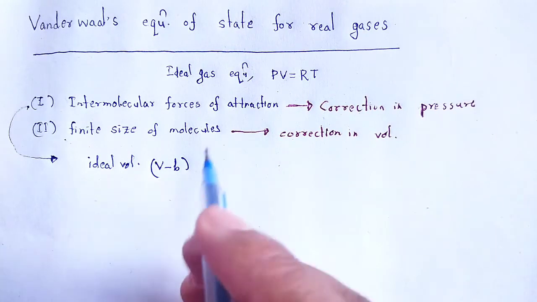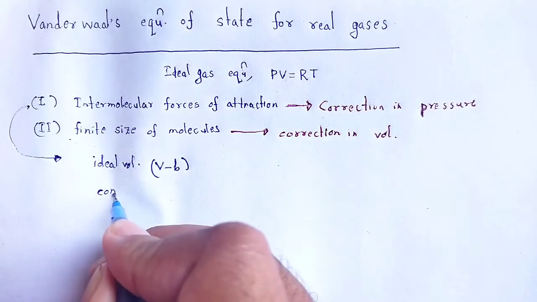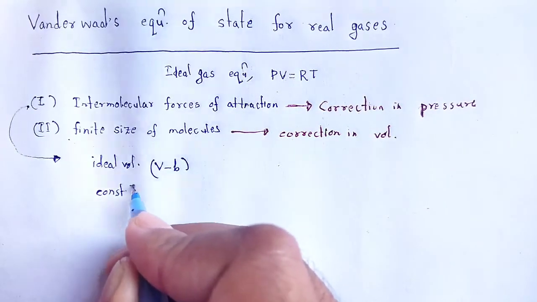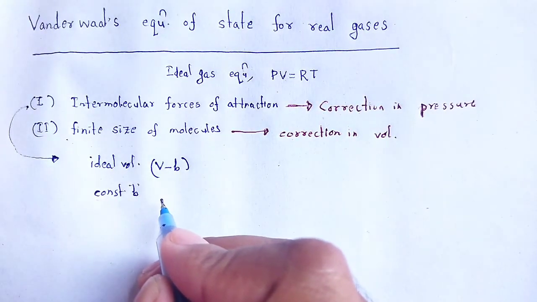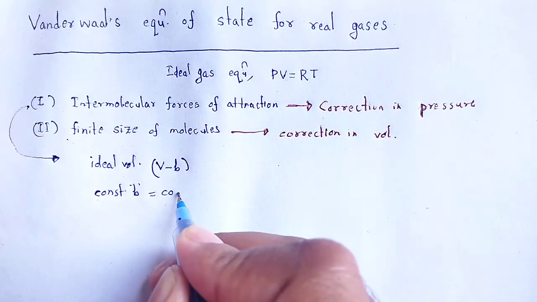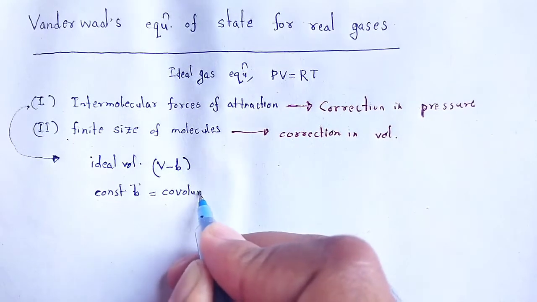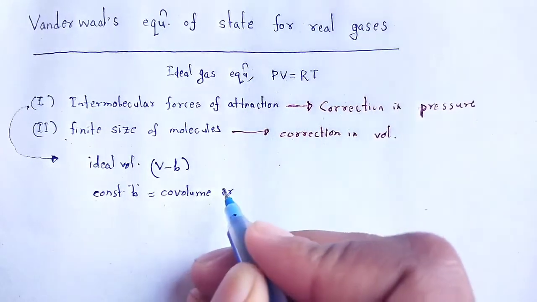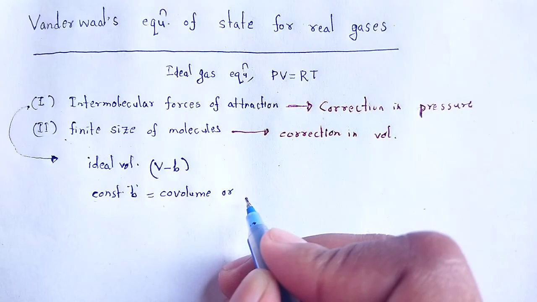And the constant b is called the co-volume, also known as the excluded volume.